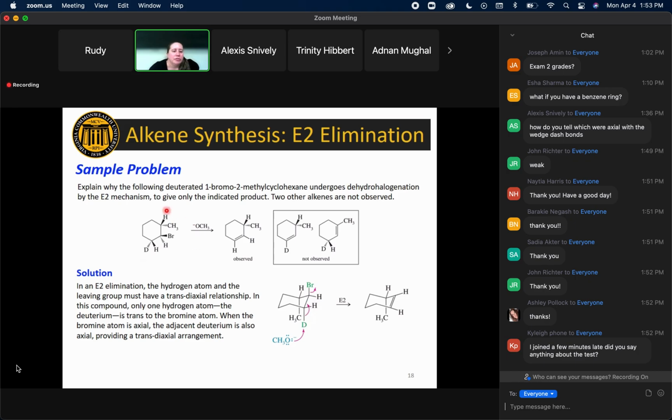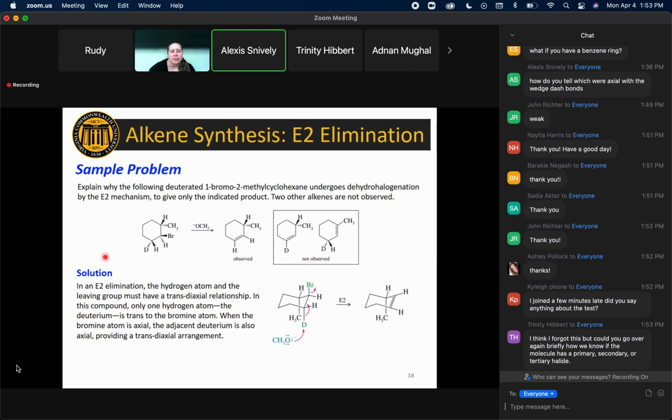So the conversion from this flat representation to drawing it as the chair form with the carbon-bromine bond in the axial position is just an application of drawing the chair form from flat representation to chair form that we covered in chapter 3, I think. Oh, no, thank you. It was in chapter 5, actually, because of stereochemistry.